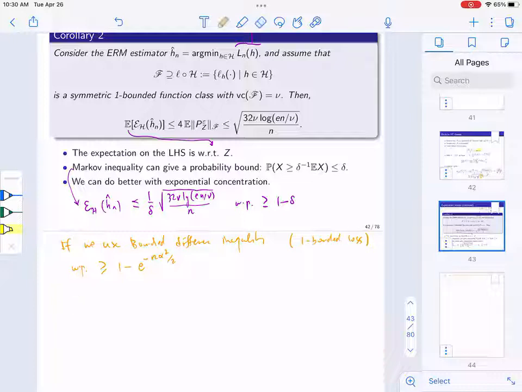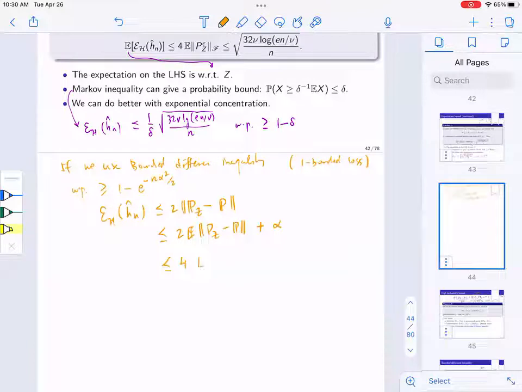with this probability, this is bounded by twice the expectation of P_z minus P, plus alpha, which is bounded by 4 times the expectation of the Rademacher process, plus 2 alpha.